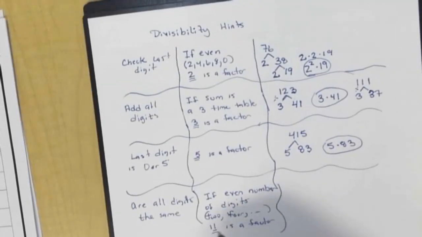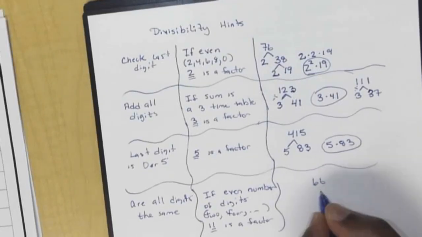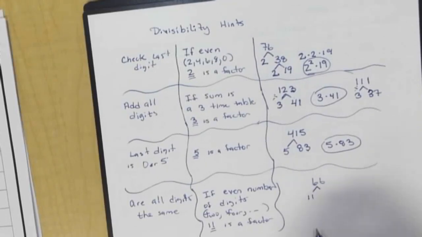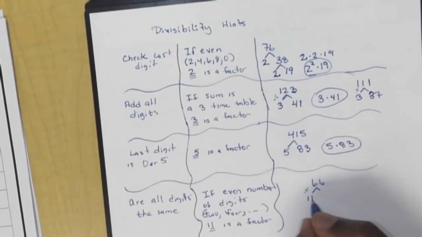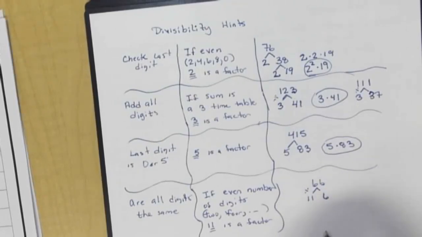For instance, 66. They are the same digit, and you got 2 of them. That means 11 is a factor. And if you want to know what the missing one is, 66 divided by 11 is what? 6, right? We're not done.